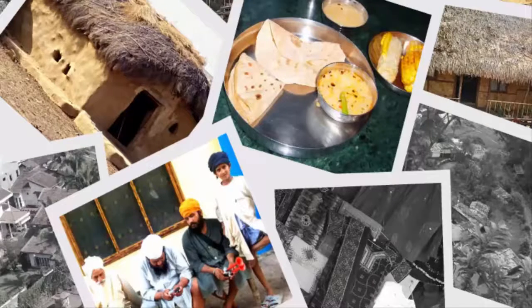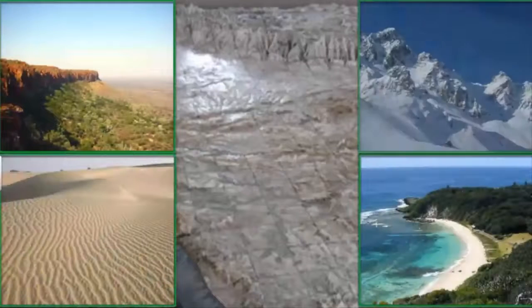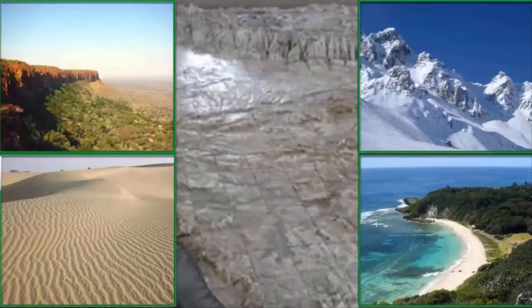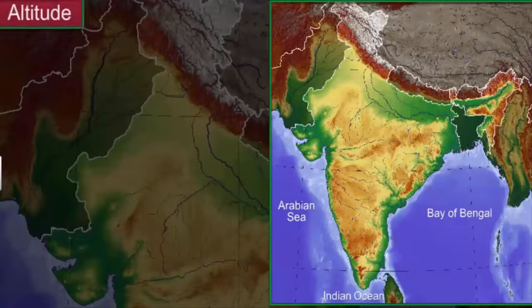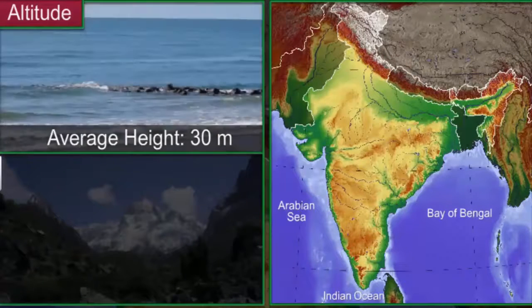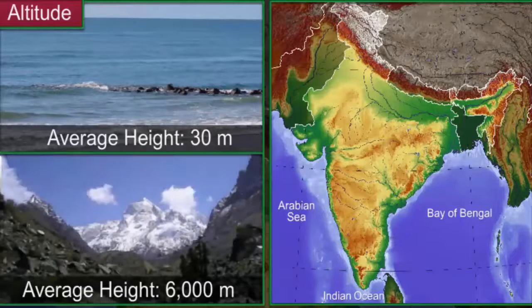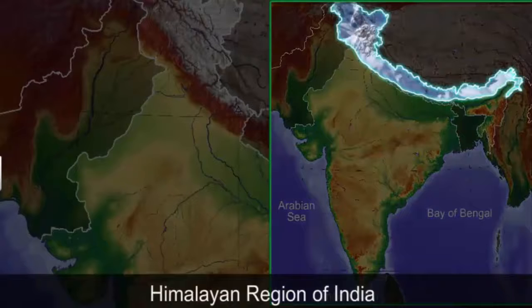Let us now examine how the altitude and relief features influence the climate of India. In India, the elevation of land ranges from 30 meters to 6,000 meters. The Himalayan mountains to the north of India have an average height of about 6,000 meters.